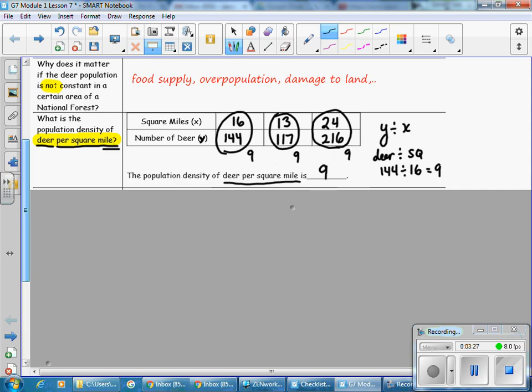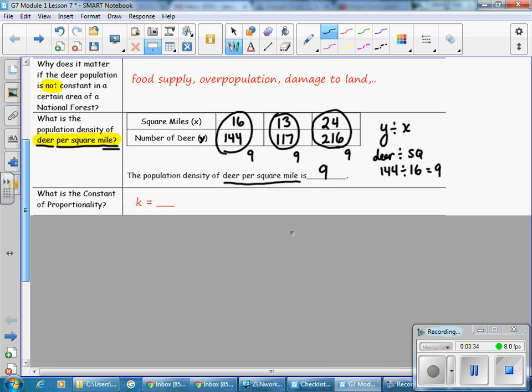And that means that there are 9 deer, approximately, in 1 square mile of area. So the constant of proportionality, that is the same thing as the constant. So the population density is 9.